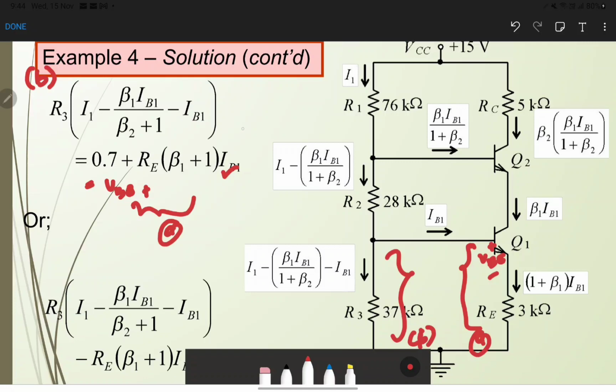So we have another relation between IB1 and I1.